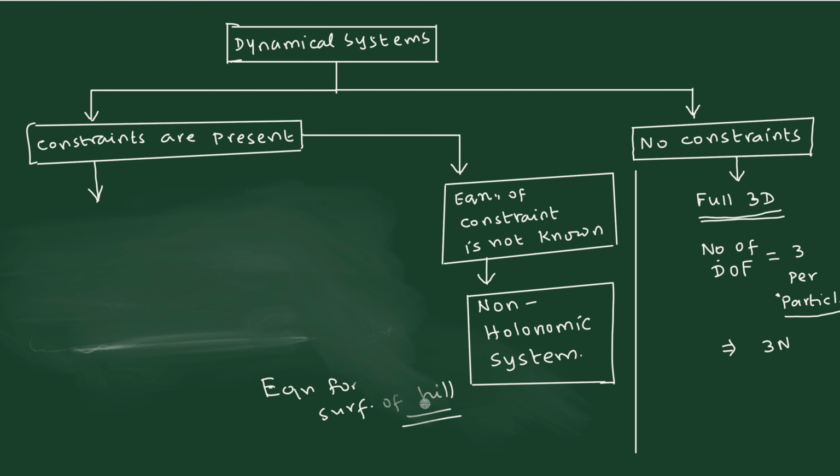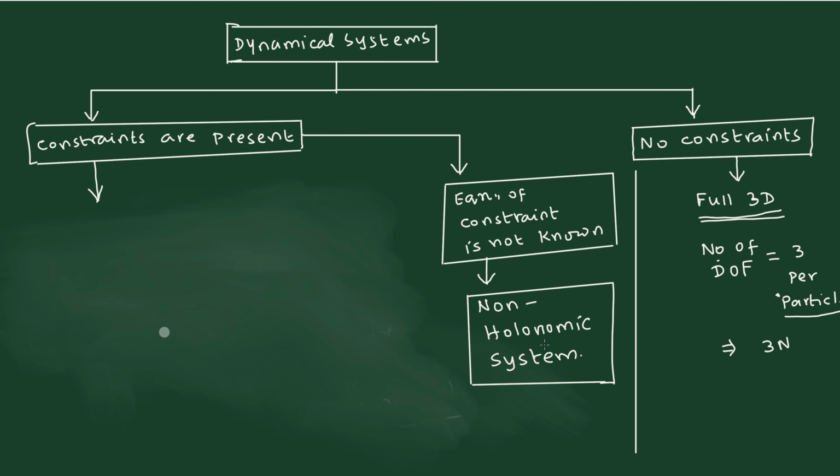We can say non-holonomic constraint, or we can say non-holonomic system, because you do not know the equation of the constraint. You can use the word for system or constraint. So this is a scenario where the constraint is not going to help.